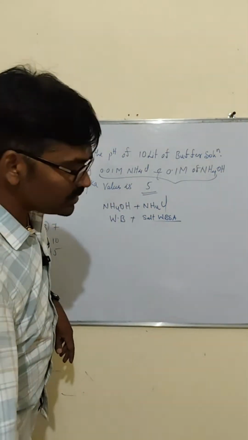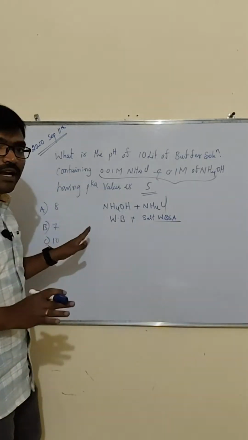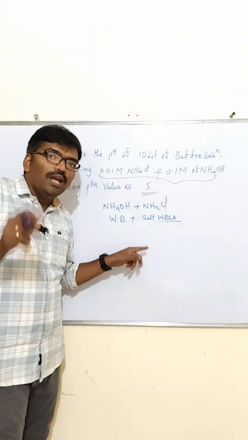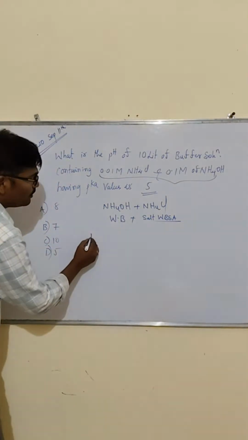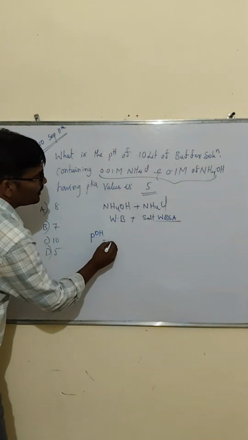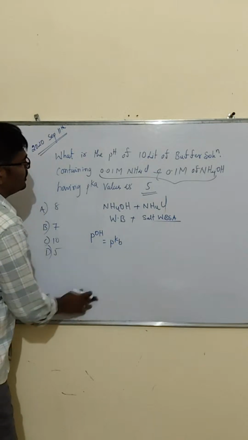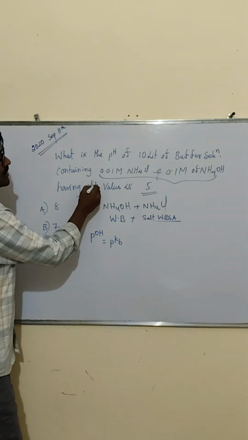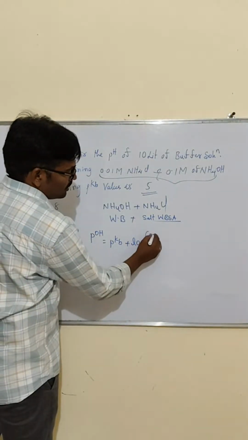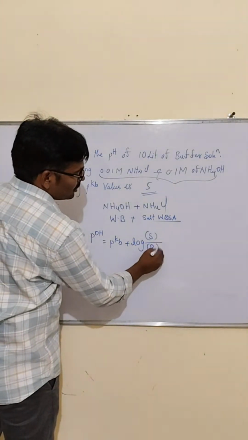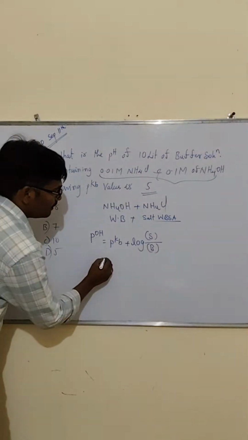Look at my dear students. First I told that when a basic buffer is given, pOH should be calculated. So pOH equals pKb plus log salt concentration divided by base concentration. Have to take the pKb value.